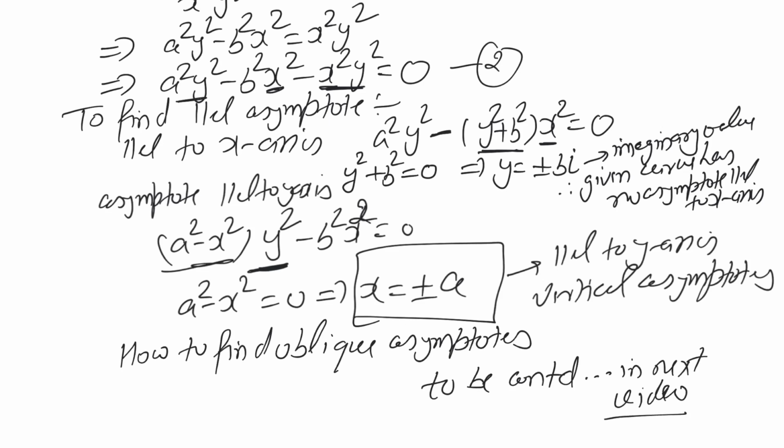Today we have studied the definition of asymptotes and learned the method to find the parallel asymptotes. We also classified asymptotes into parallel asymptotes as well as oblique asymptotes. In the next video, we will demonstrate the working rules to find the oblique asymptotes of the given curve.